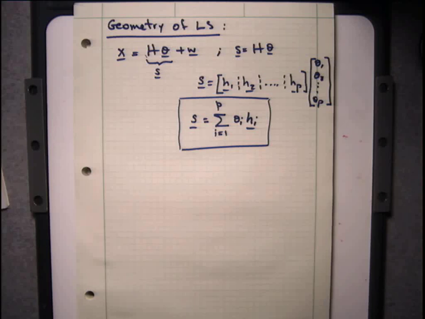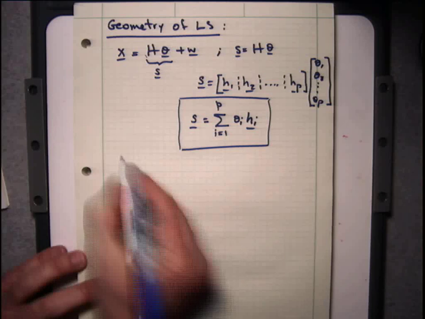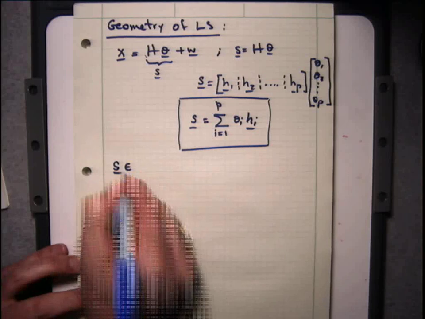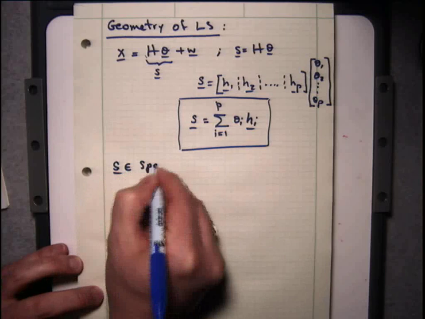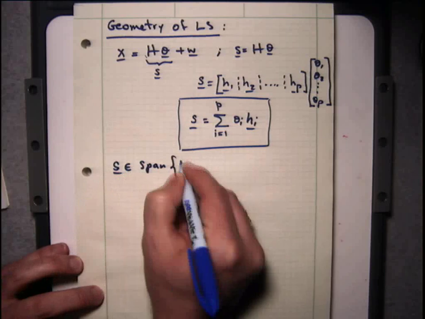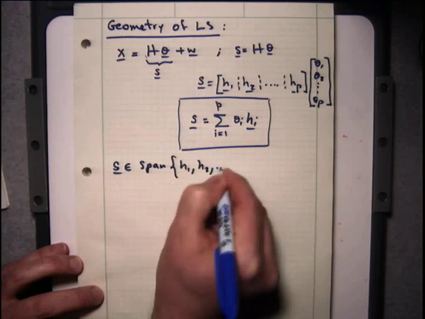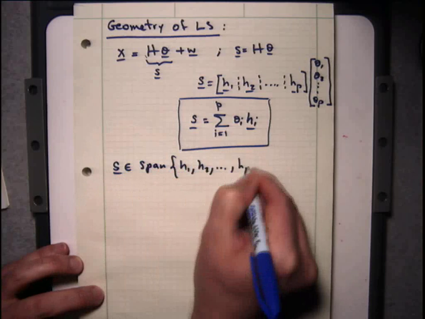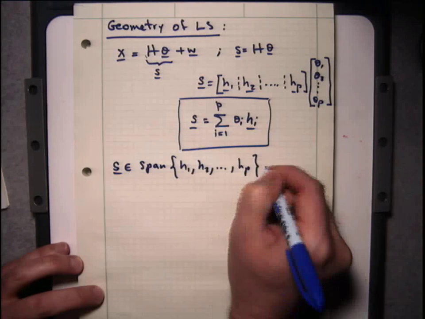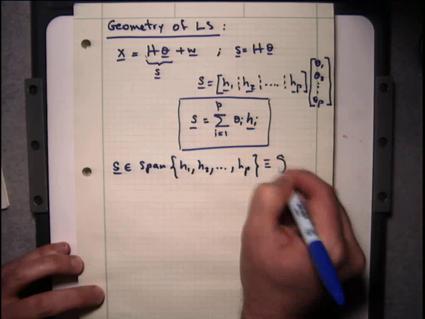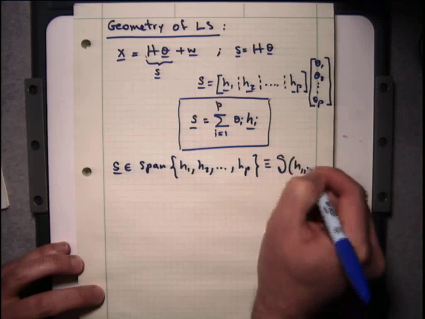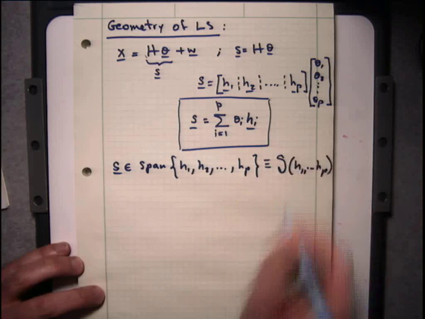Let me write this in a different way. This is the span of H1, H2 through HP, and another way to write this is H1 through HP with a capital S defining the span.